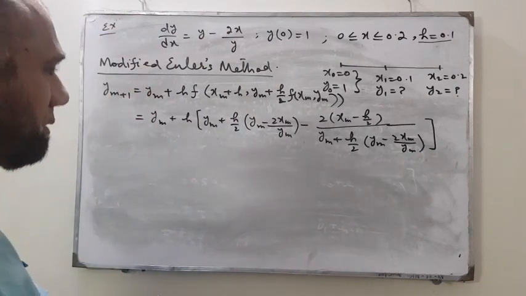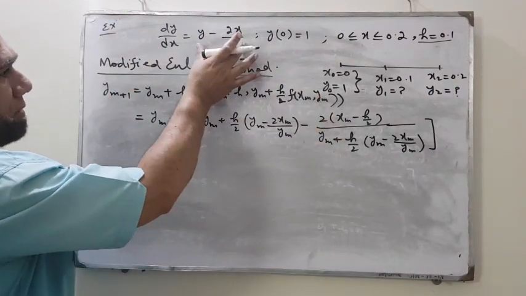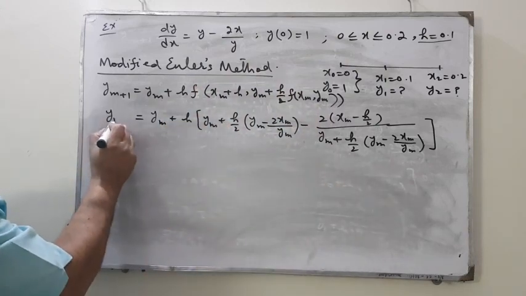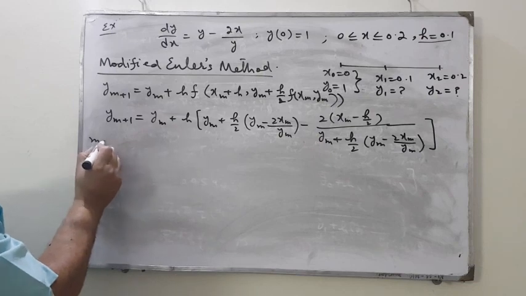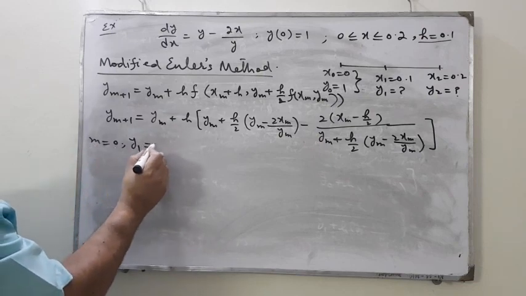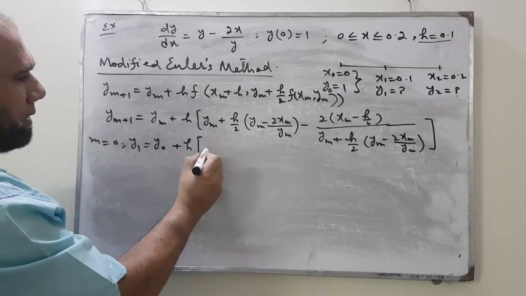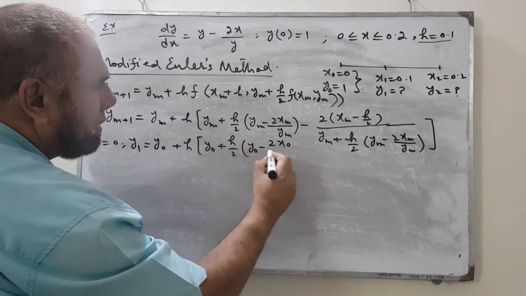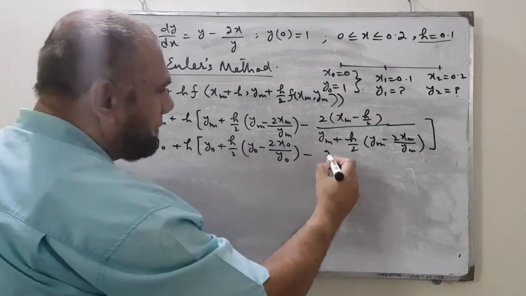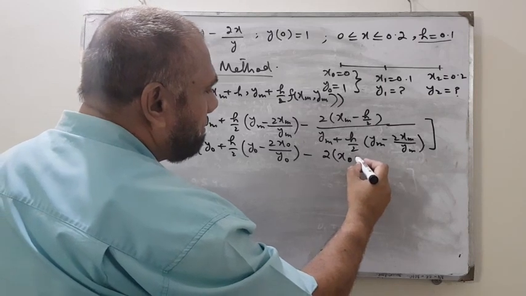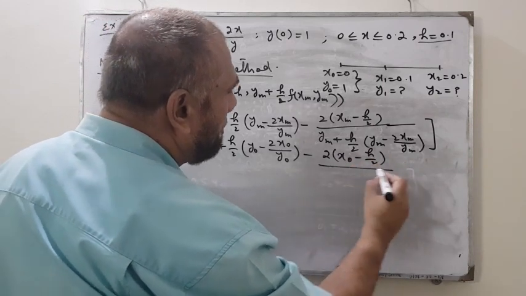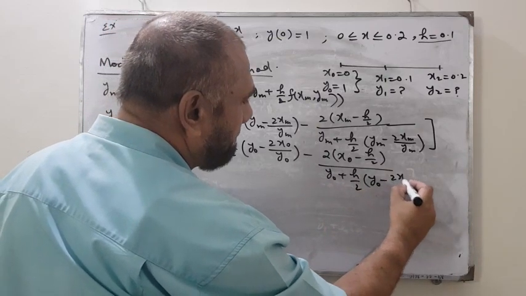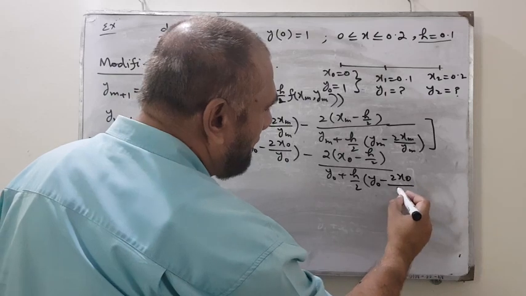So here I have replaced the inner function with this and then the outer function, and we got this recursive relation. Now you can put m equals to 0, which will give you y1, y0, h, y0, h/2, 0 here everywhere, and 2 times (x0 plus h/2) whole divided by y0 plus h/2, y0 and x0 and y0.